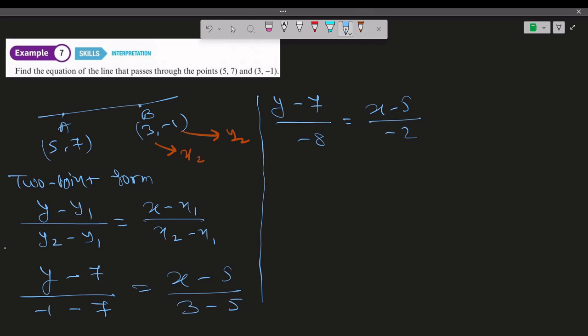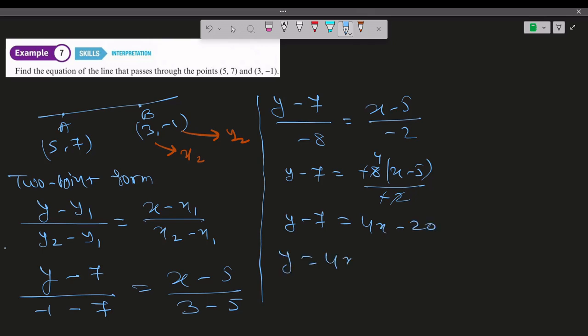Now we can cross multiply. So y minus 7 equals minus 8 into x minus 5, upon minus 2. Minus minus cancel, and 2 fours you can cancel. So this is nothing but y minus 7 equals 4x minus 20. If I shift this, y equals 4x minus 20 plus 7, which is minus 13.